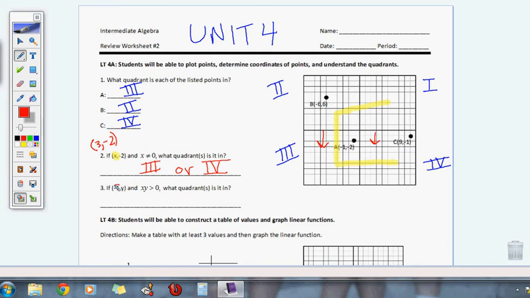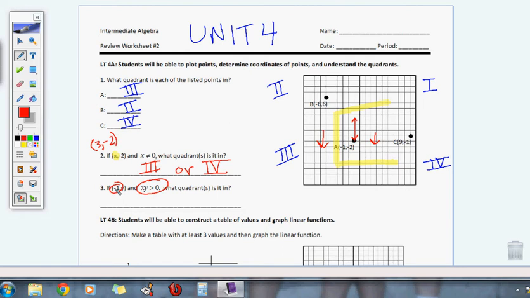The one thing is, if you understood number 2, you know that we're going left 1. You just don't know if we're going up or down, because that's what the y value says. So you know you're going left 1, and then from left 1, you're either going to go up or go down. Now, the tricky part here is that they're saying that the x value times the y value will give you a positive number, because it's greater than 0.